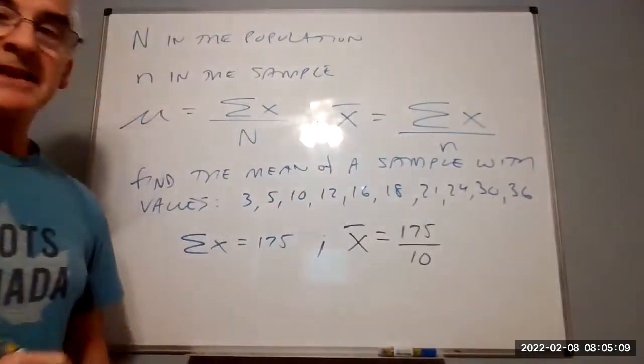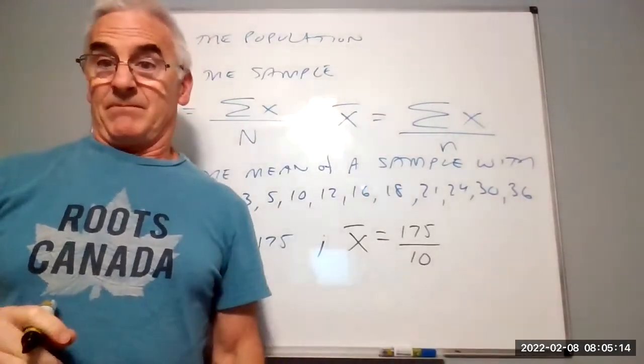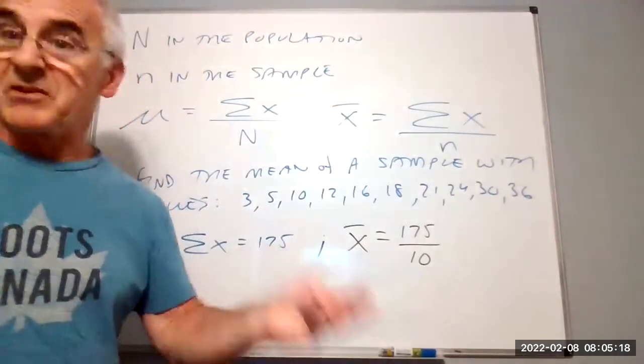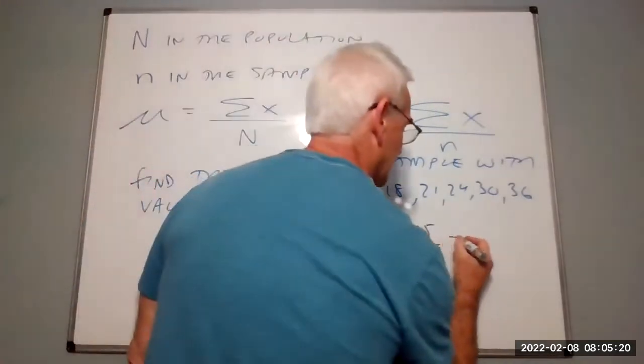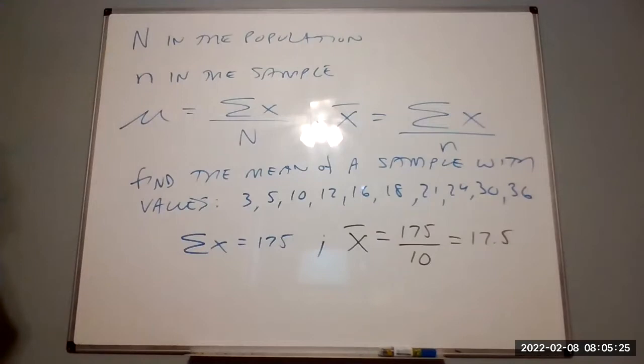That's the answer. Now, if you can reduce that, reduce that. If that's a terminating decimal, which it is, then write out the terminating decimal. This is exactly 17.5. That's a perfect answer.